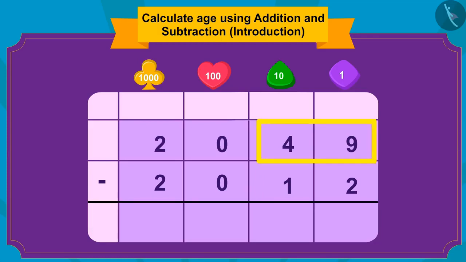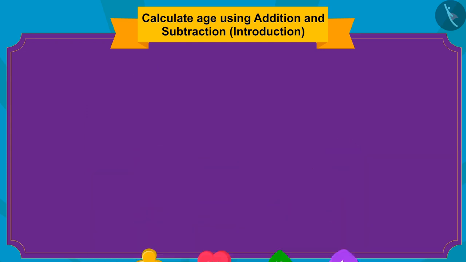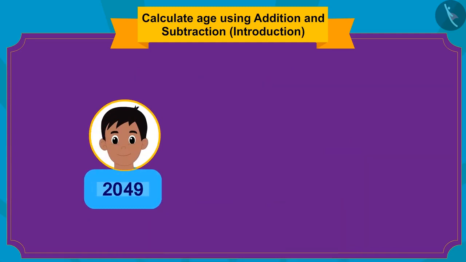Now, what will we get if we subtract 12 from 49? Absolutely right. 37. So Raju's age in the year 2049 is 37 years.